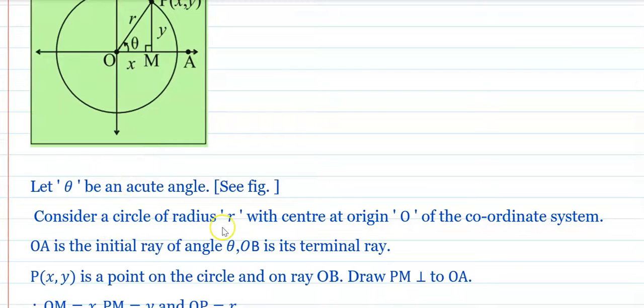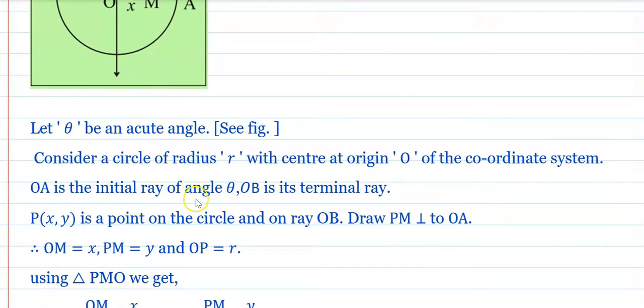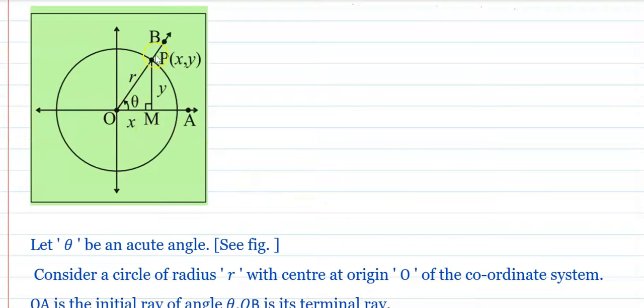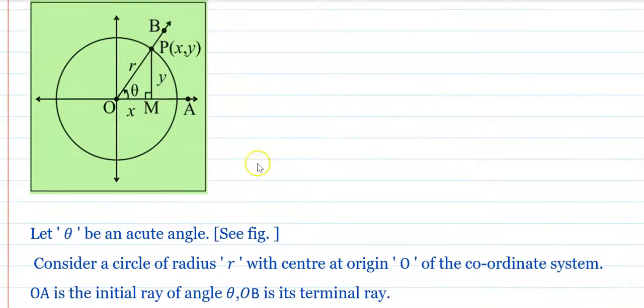Consider a circle of radius r with the center O at the origin of the coordinate system. OA is the initial ray of angle theta. OB is the terminal ray. P(x, y) is a point on the circle and on ray OB. Draw PM perpendicular to OA.